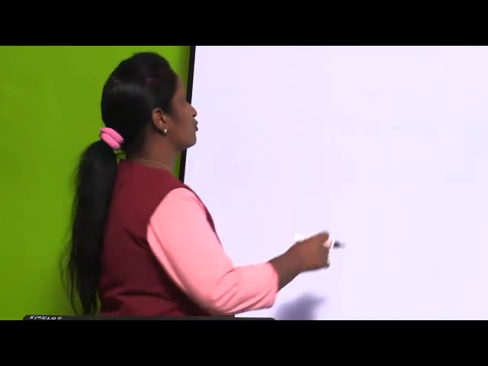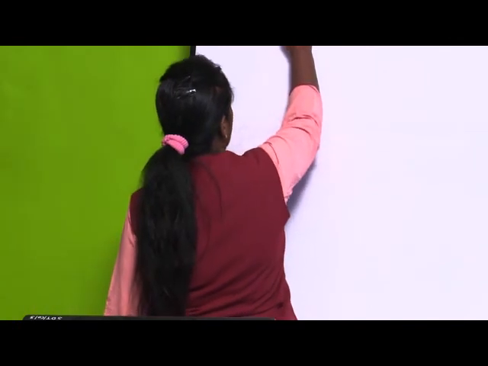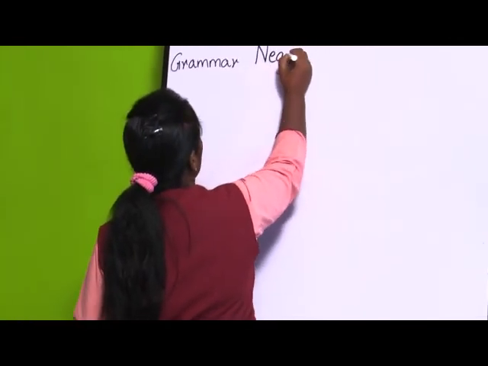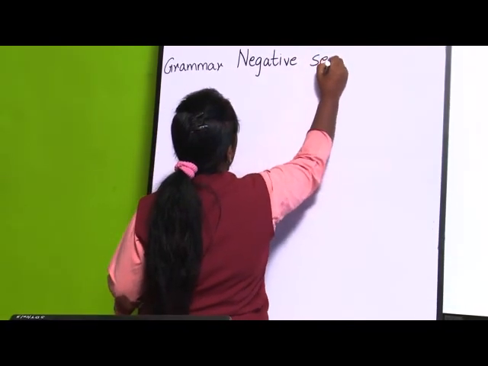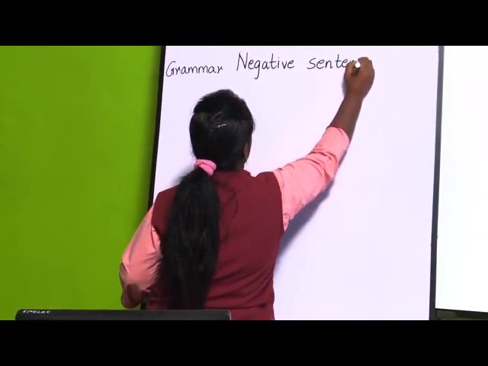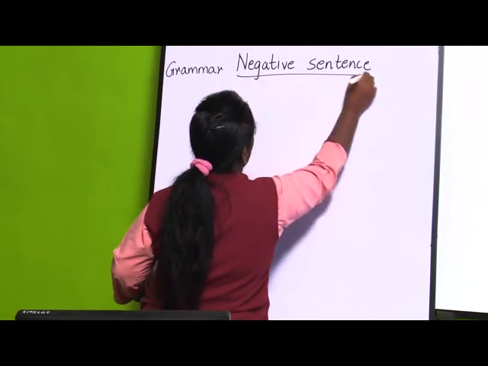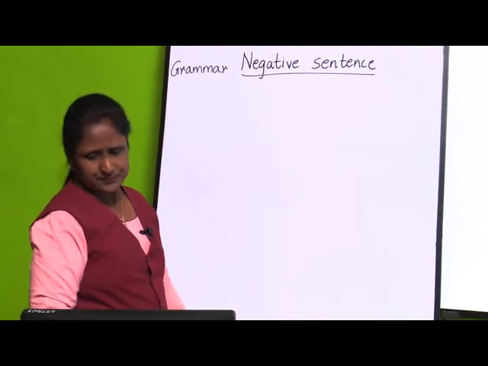Now first I want to tell you, I will write some examples, then you will come to know what is negative sentence, and these lessons, they are very easy to understand. Negative sentence. Now what is a negative sentence?